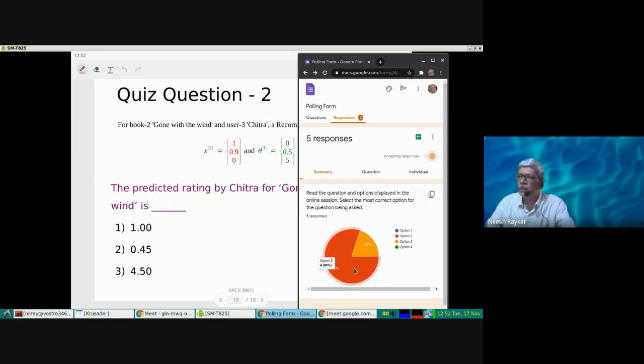Okay, so what majority has given? The answer 2 is the correct answer. So what we are looking at here is the prediction will be given as theta transpose multiplied by x. So that will be nothing but 1 multiplied by 0, plus 0.9 into 0.5, plus 0 into 5. So that would be equal to 0.45. So this is the correct answer.